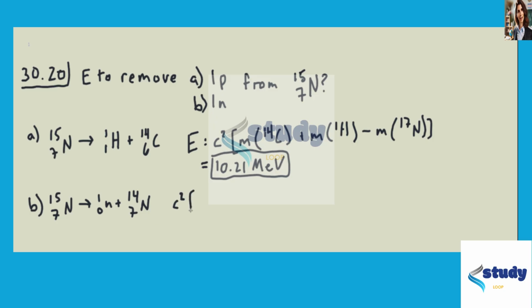And then it's the same sort of deal here, except now it's nitrogen-14. And this takes slightly more energy, 10.81 mega-electron volts.